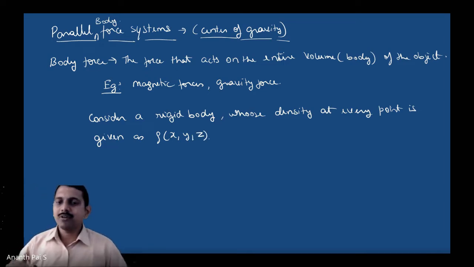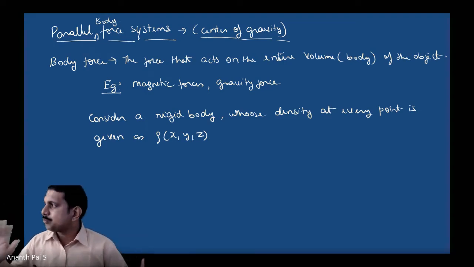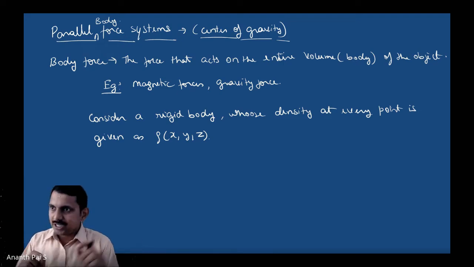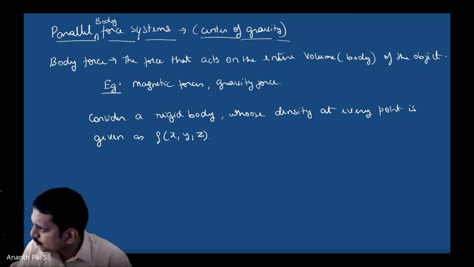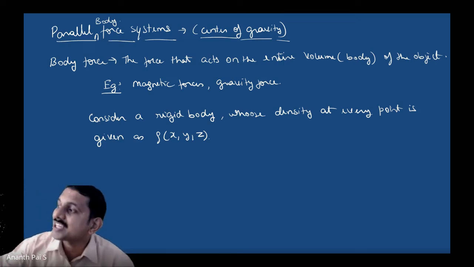So you have a rigid body whose density is given all over the body. It may not be the same, it may vary. A rigid body where the density is varying with x, y, and z. It may remain constant also, but it may vary with x, y, z.